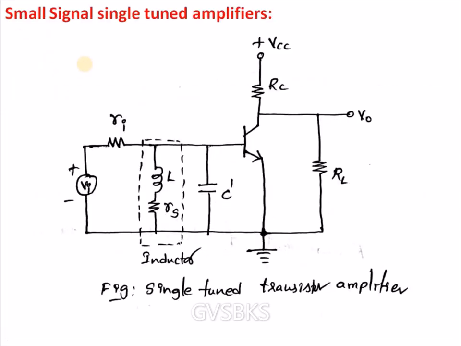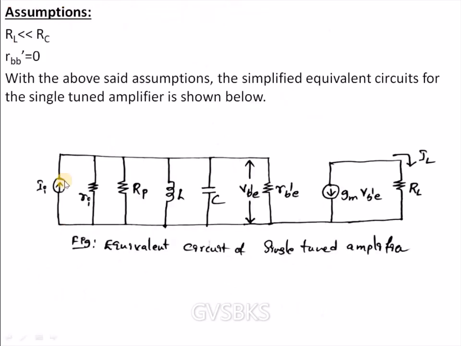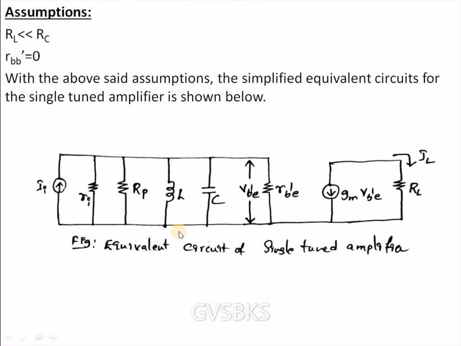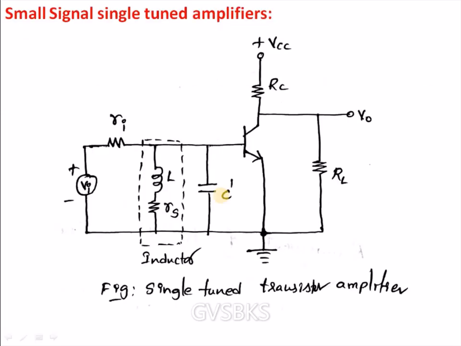Also, here the voltage source with series resistance is converted into a current source with parallel resistance, and this inductor and resistance circuit is replaced with a parallel inductance and resistance combination.